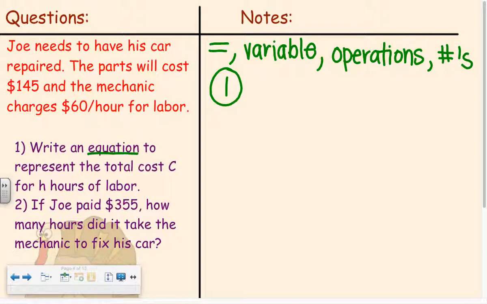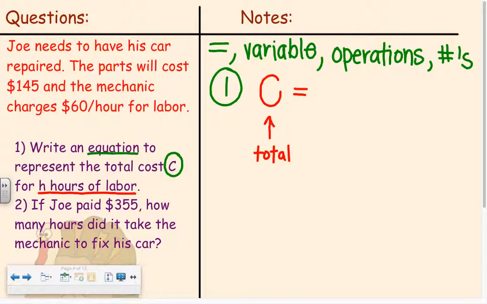All right. So first of all, it tells us to represent the total cost C. Since C is my total, usually that's going to be right next to my equal sign. The C is my total. All right. So for H, hours of labor, let's look back up to the red part.